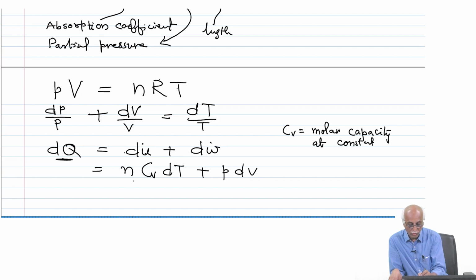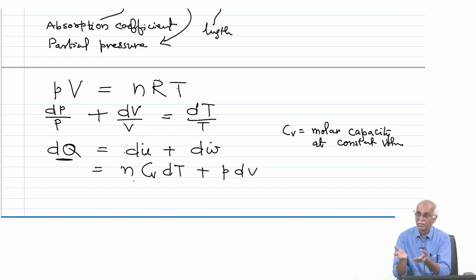Let us say I do not care about the external work done, and there is a heating source coming into the picture. Then that will get converted into internal energy, the change in internal energy, if there is no external work done. Internal energy change is nothing but mass into specific heat into increase or decrease in temperature.